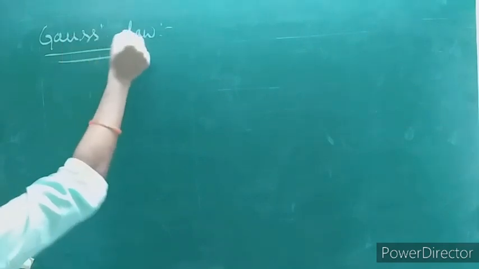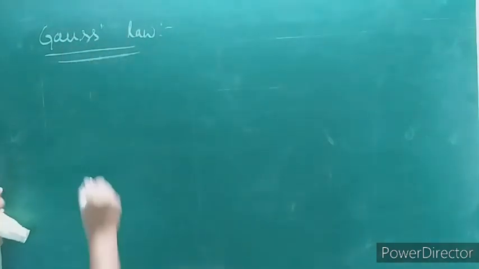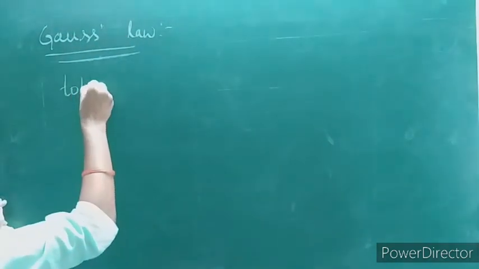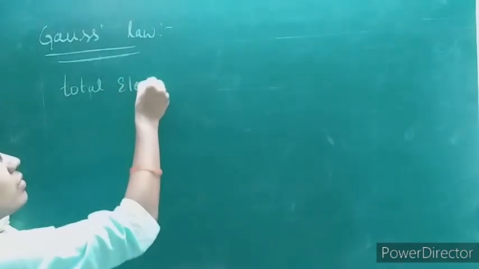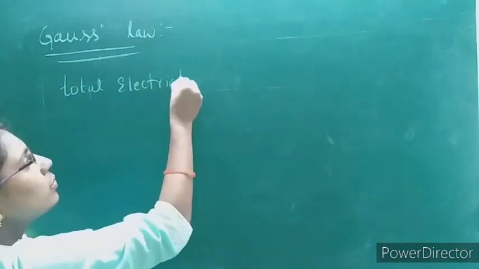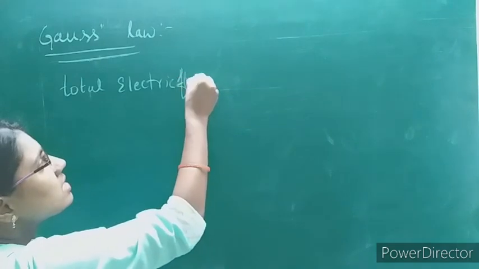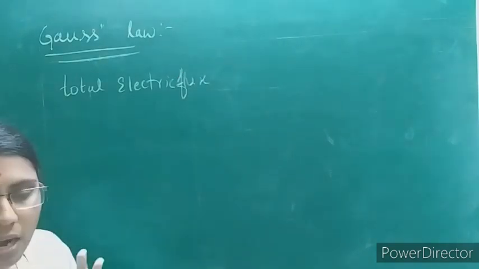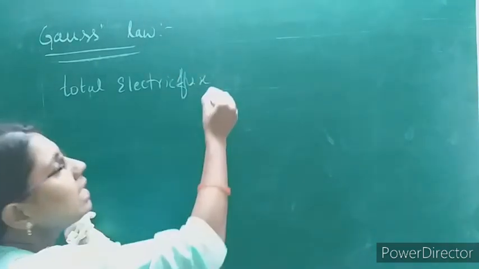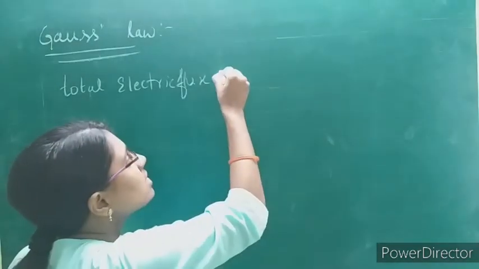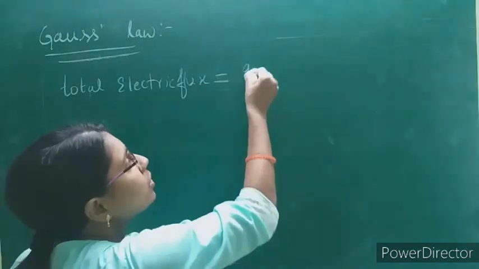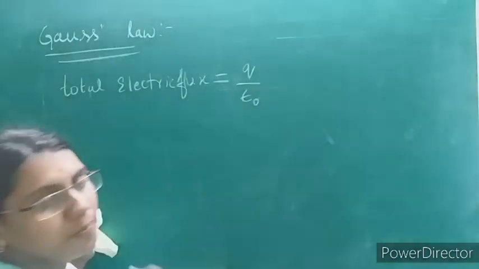Gauss law can be stated as: the total electric flux passing through any closed surface is always equal to Q by epsilon naught.